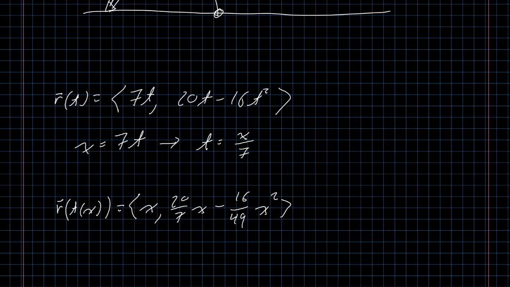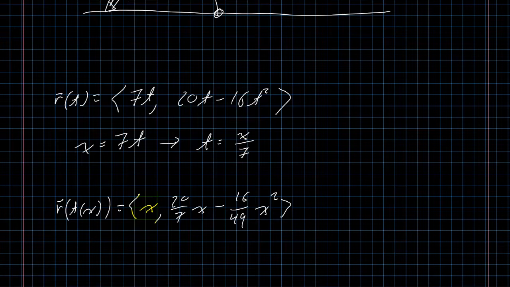And again, because of limitations of GeoGebra, I have to input this using t's instead of x's. But the important thing to consider here is that my x-coordinate is the parameter. So instead of thinking about how I'm moving along this curve in time, I'm instead asking a very different question of, at each step along the way, how far have I gone? Or every time I take a step forward, how far up or down am I?